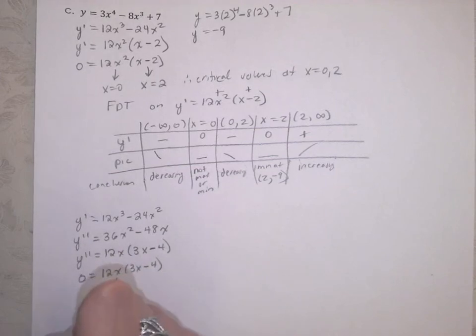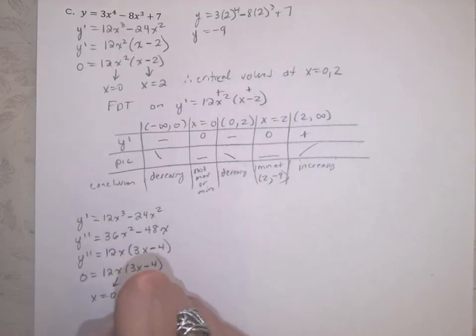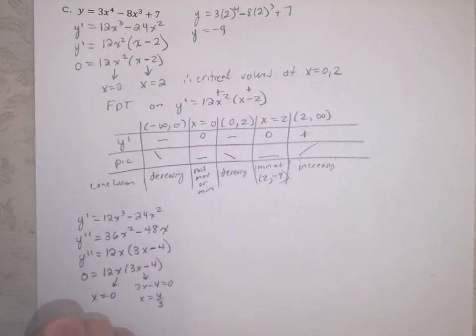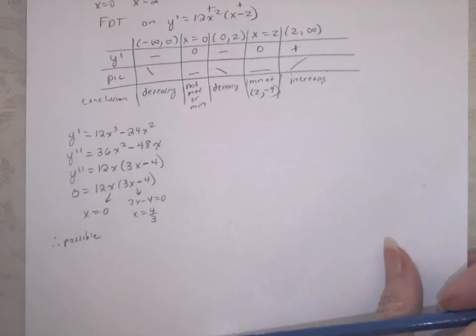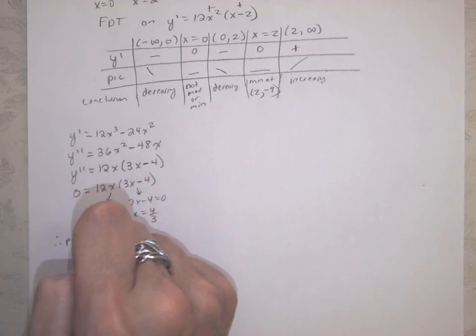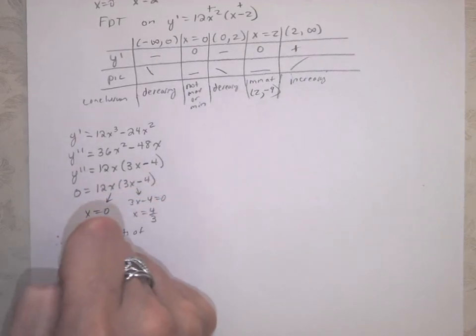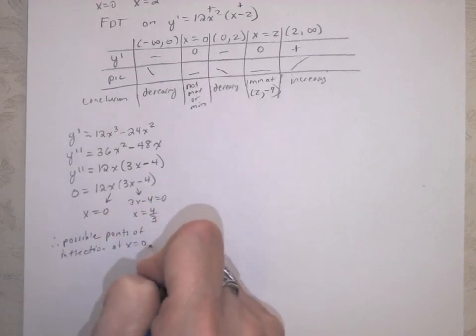And this would be true then if x is 0 or 3x minus 4 is 0, which means x would be 4/3. So therefore, possible points of inflection at x equals 0 or 4/3.